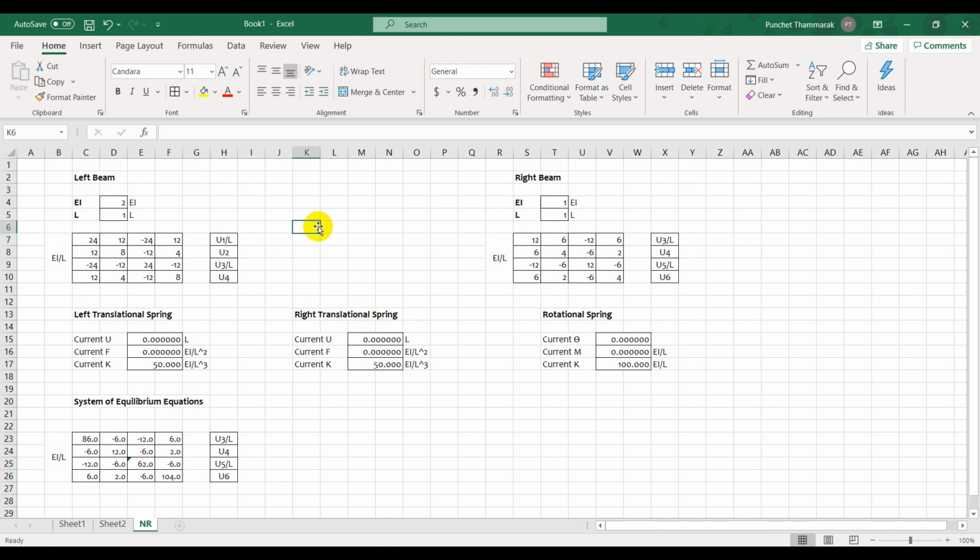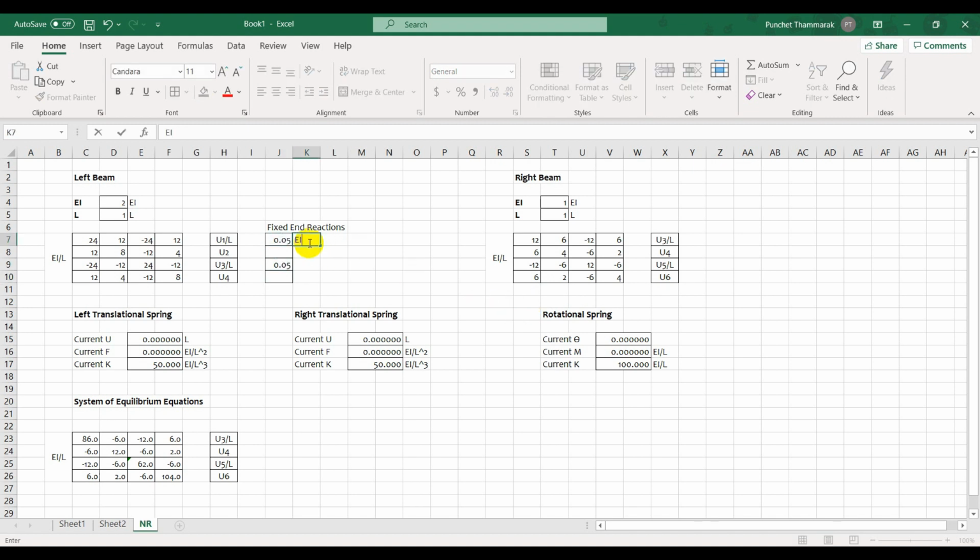Let's take a look at the fixed end reactions. So that is equal to W, which is 0.1, times L, which is L over 2, WL over 2, which is equal to this one.